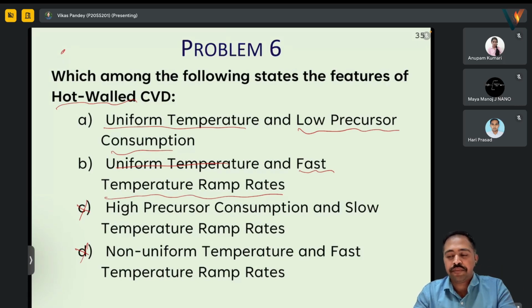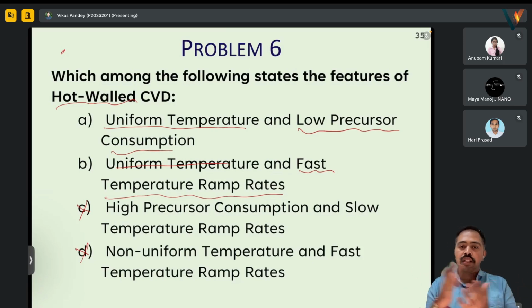Yes, anyone? Hariji? Hello? Which of this will be correct? Even if we go by this, like weeding out one thing, we have seen that when we have the hot walled CVD, everything is hot.